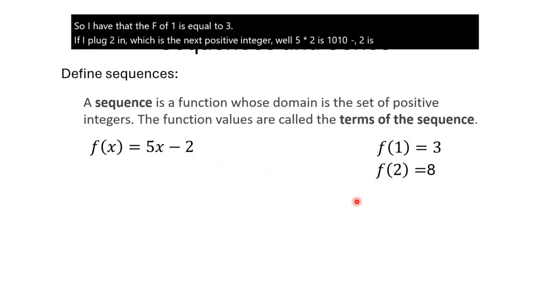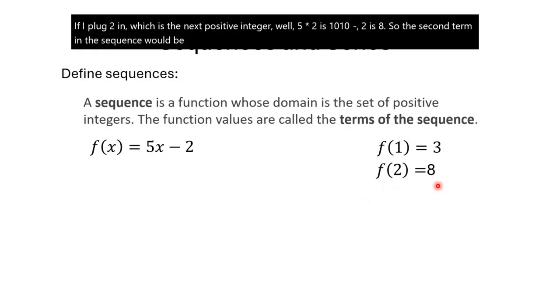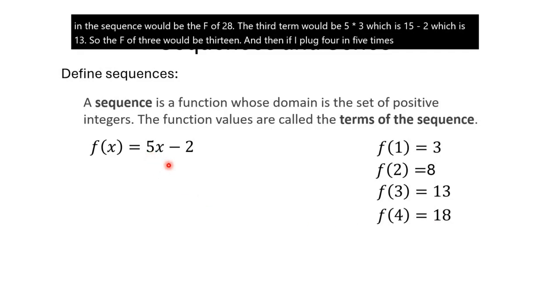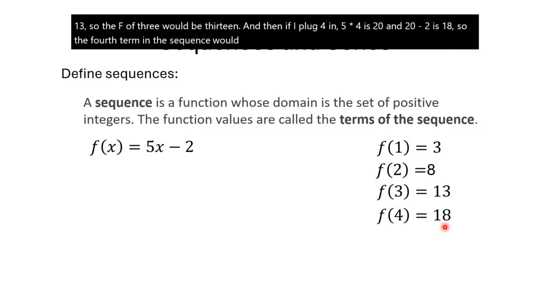So the second term in the sequence would be f of 2, 8. The third term would be 5 times 3, which is 15 minus 2, which is 13. So f of 3 would be 13. And then if I plug 4 in, 5 times 4 is 20, and 20 minus 2 is 18. So the fourth term in the sequence would be 18.